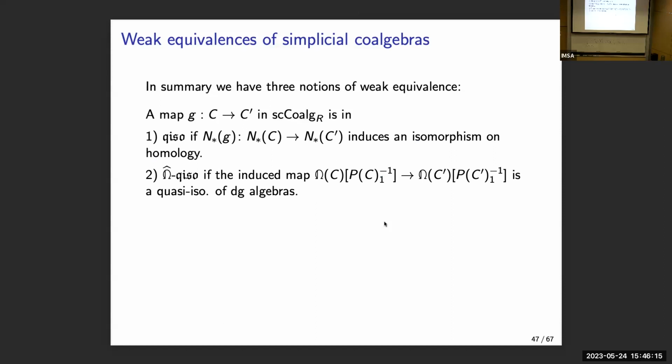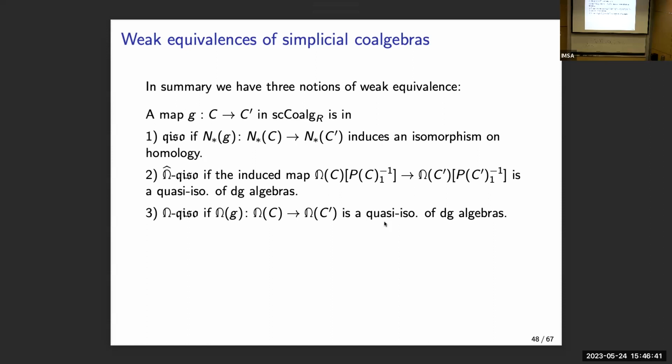A map is a Cobar-hat quasi-isomorphism if it induces a quasi-isomorphism of DG algebras after applying the Cobar functor and localizing at the degree 1 elements. And I also mentioned this without localizing, right? A map between coalgebras is a Cobar quasi-isomorphism if it becomes a quasi-isomorphism after applying this Cobar functor.